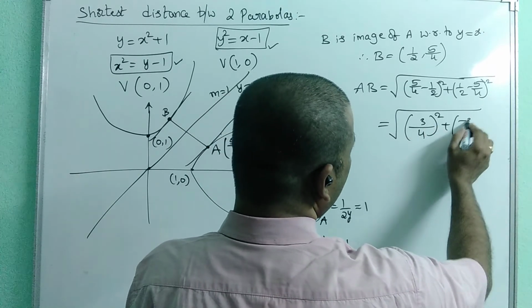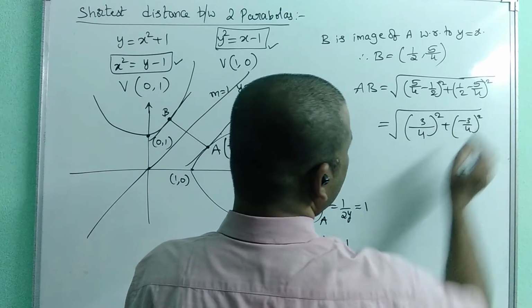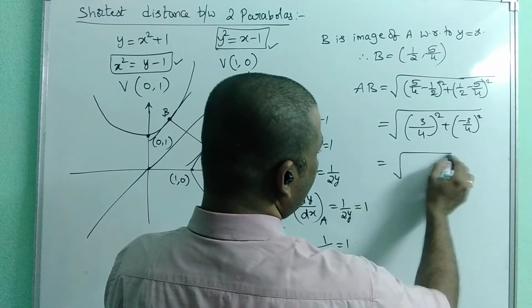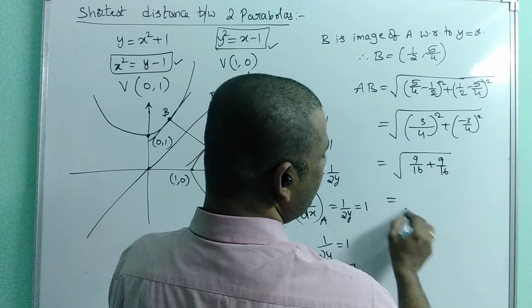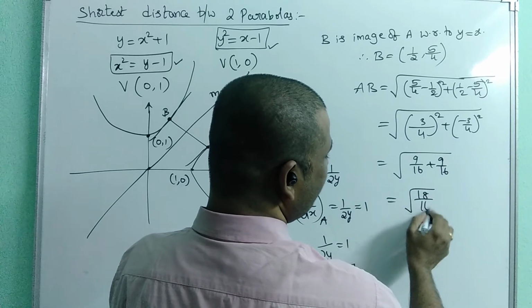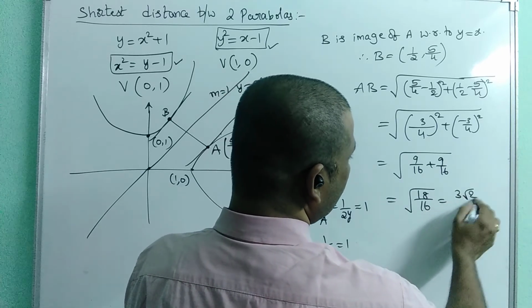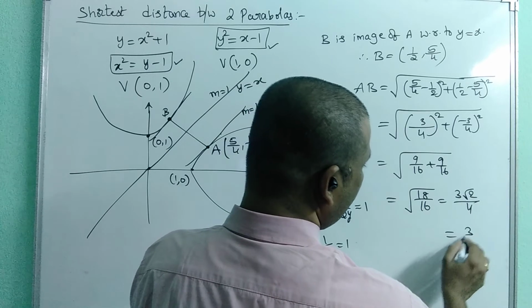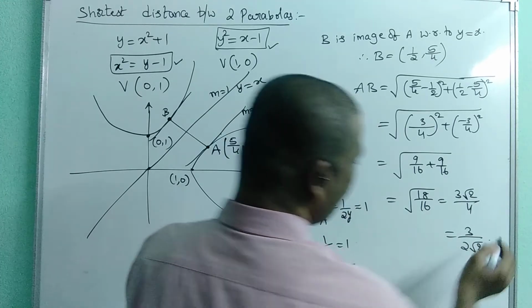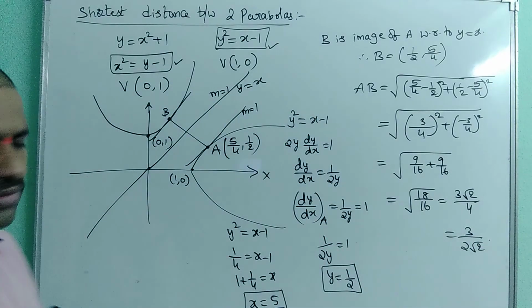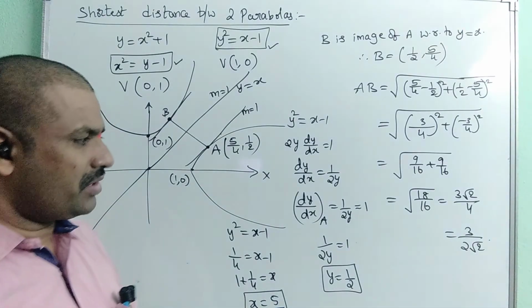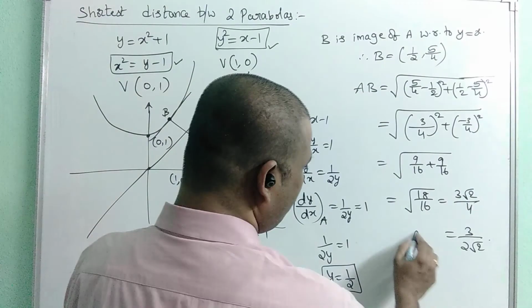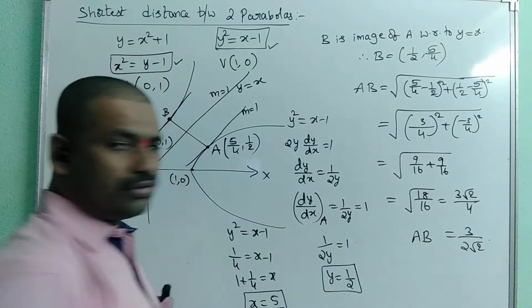This is also minus 3 by 4 whole square. That equals square root of 9 by 16 plus 9 by 16, that equals square root of 18 by 16, that equals 3 root 2 by 4, or 3 by 2 root 2. So this is the shortest distance between the two parabolas. What is the shortest distance? AB equals 3 by 2 root 2.